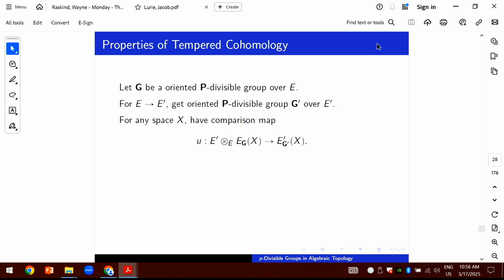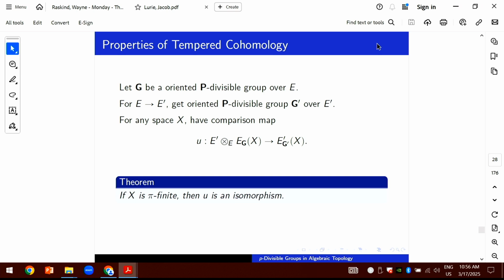Well, there's a comparison map. If you have any space X, you can take the G-tempered cohomology of X. That's an E algebra, so tensor over E with E prime. And that will map to the G prime tempered cohomology of X. This map is generally not an isomorphism, but if X is pi finite, then this is an isomorphism.